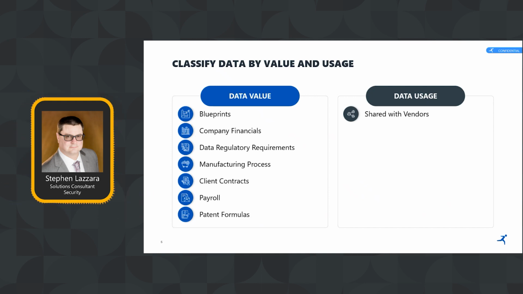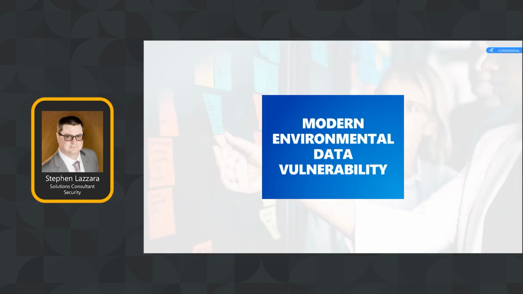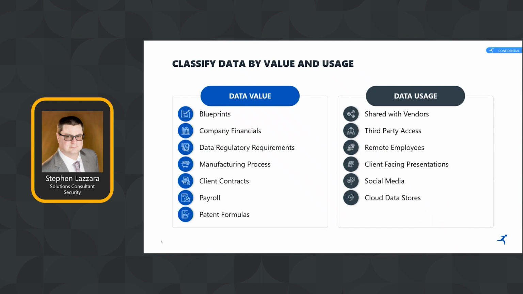Some of this data is shared with vendors. Some of it is third party, as your consultants, vendors, and partners have access to it. You have remote employees today, and client-facing presentations. Some of this is social media information put out there by marketing. All of these combine for how data works.